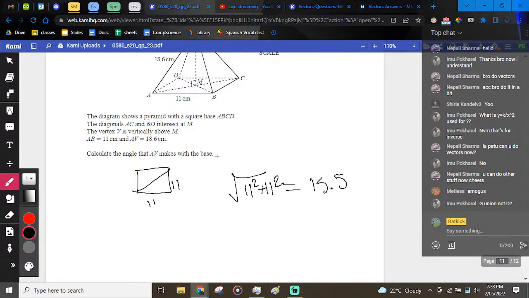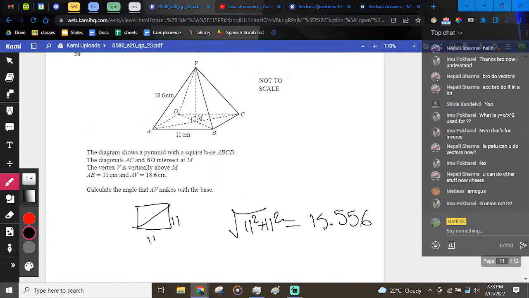In intermediate steps, please be accurate, because if you round off every step, you're going to lose a significant chunk by the time you get there. Or you can just use the calculator value again for the next part.